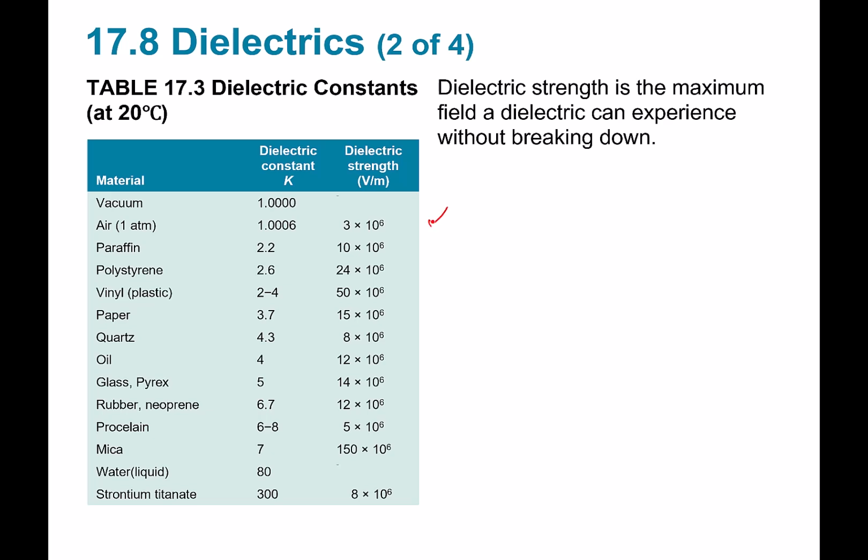These are the values for several dielectrics, and dielectric strength is the maximum field a dielectric can experience without breaking down. If you increase the field beyond that, the dielectric can break down. Mica is given as 7, and all the other values are also there.